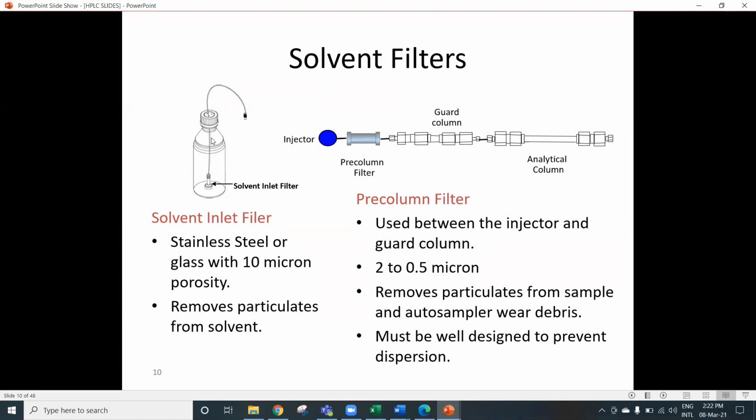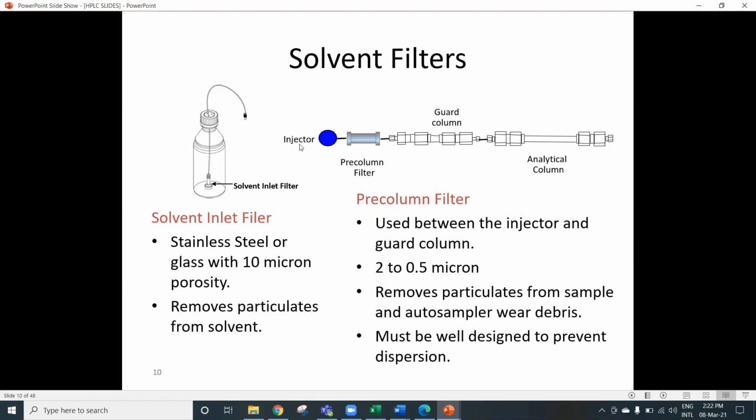So this is your tube that your mobile phase travels in. There's a frit at the end of this tube, and that's where you have a filter that removes any particulate from your solvent. Remember, if there's any particulate in your solvent, once it gets into the detector, it will be picked up as one of your solutes, and you don't want that as an interference.